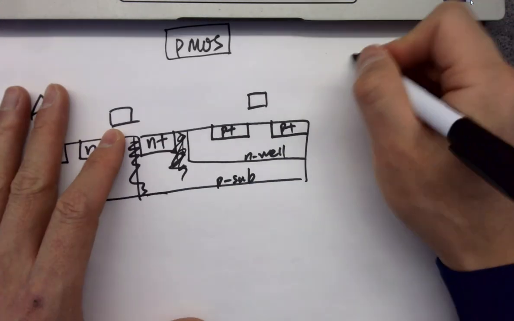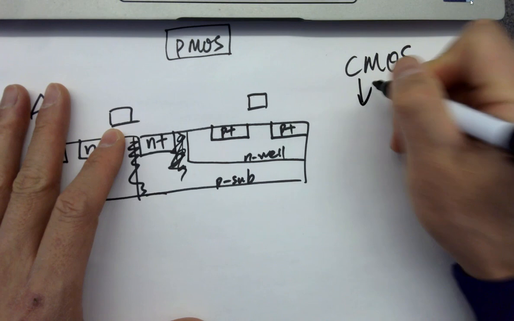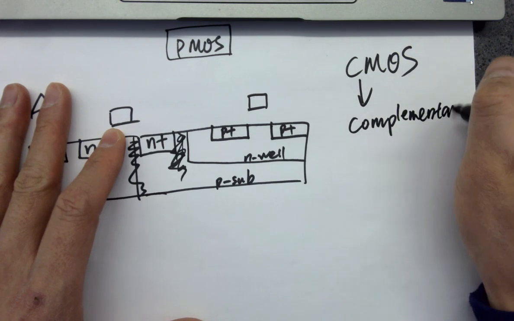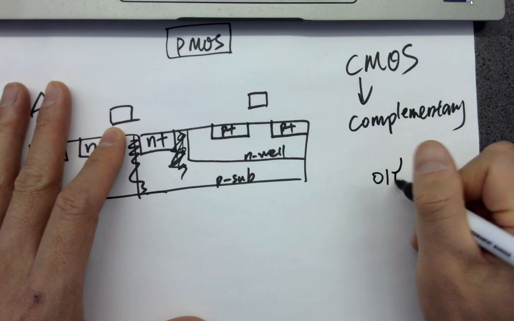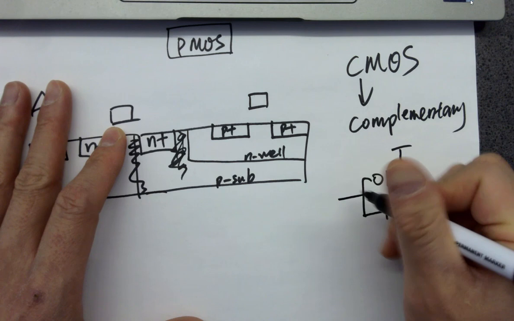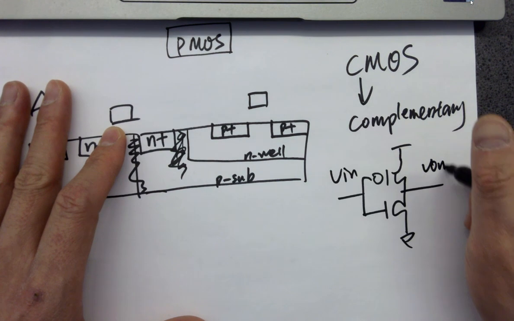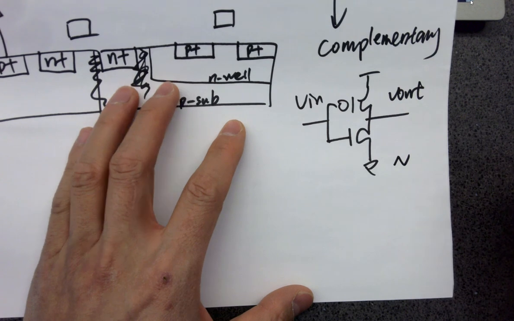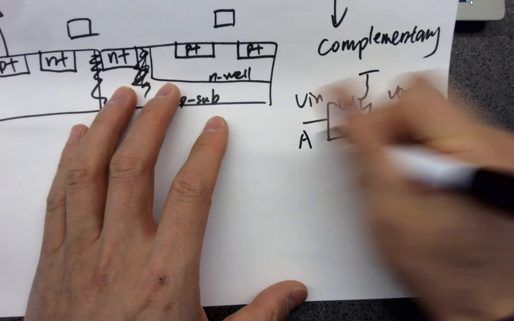That's why it's called CMOS, complementary. We need a PMOS on the top and NMOS at the bottom to form an inverter from the logic. That's a NOT gate.